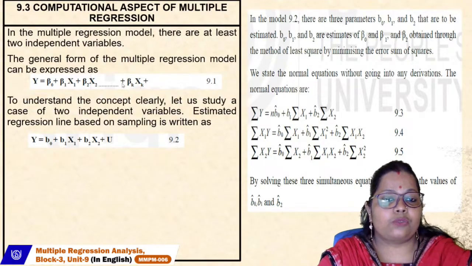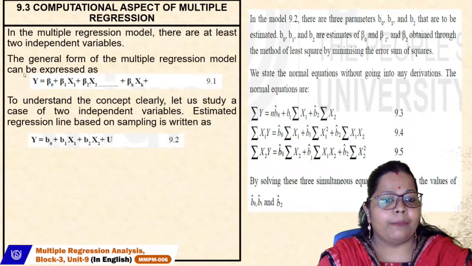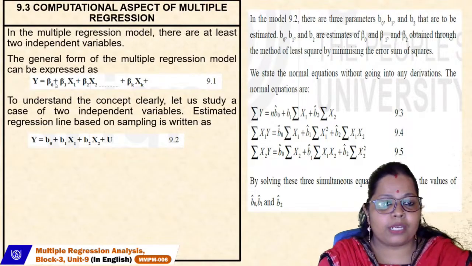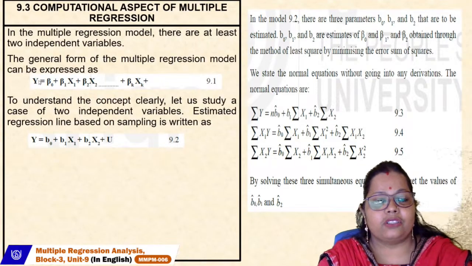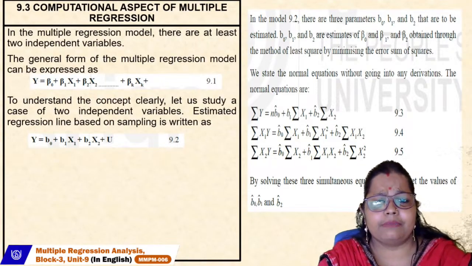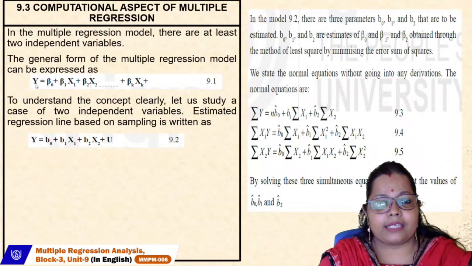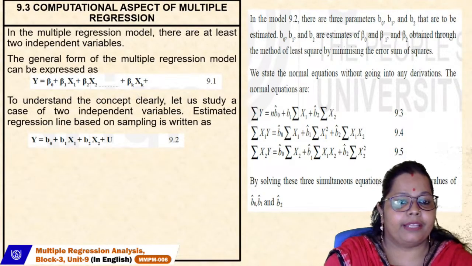Here x1, x2, x3 up to xk are the independent variables, and beta 0 is known as the constant of this model. y is clearly notated on the left hand side of the equation and is known as the dependent variable. So this y depends upon this set of independent variables x1, x2 up to xk.